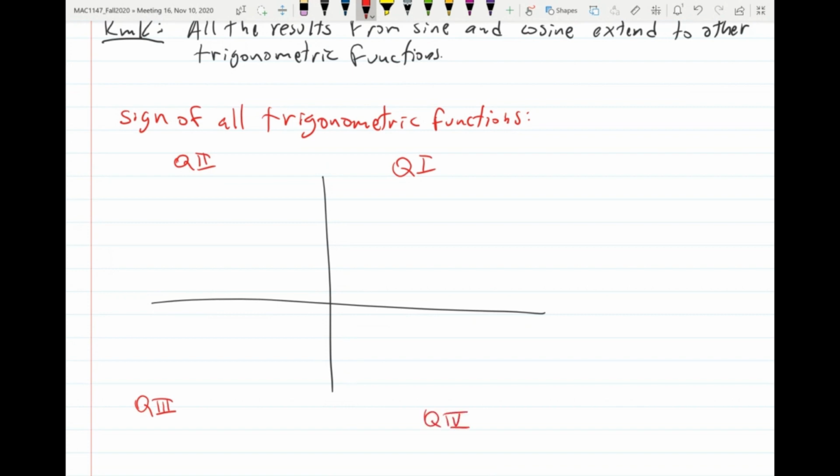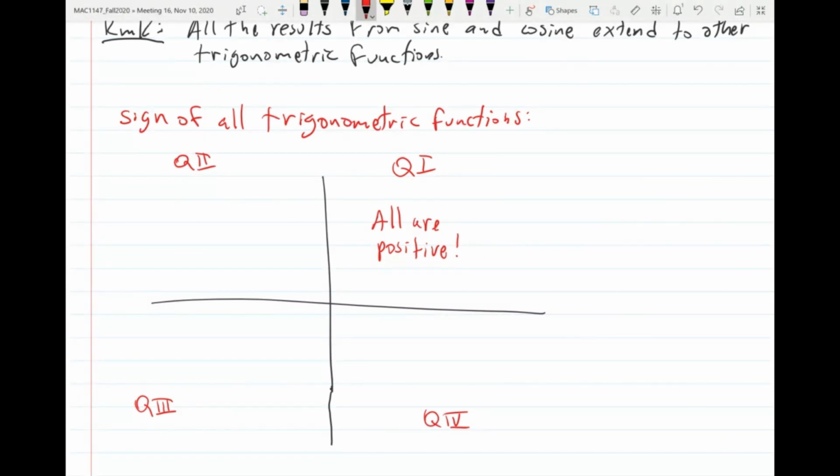I'm going to write who is positive here. Who is positive in quadrant 1? If both sine and cosine are positive, and the other functions, remember, they are ratios of sine and cosine, or some version of this, then everybody's positive here. So all are positive. You guys understand this? In quadrant 1, everybody's positive.